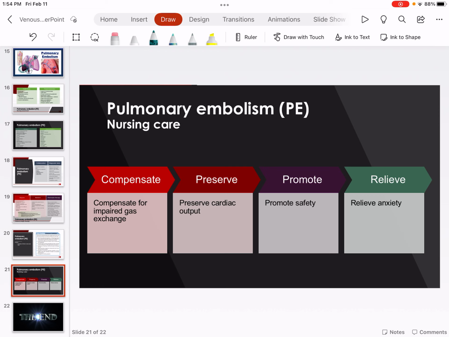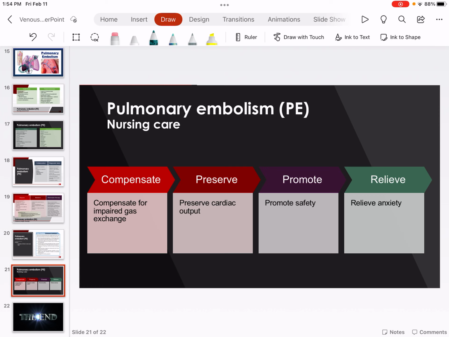So our nursing care, you want to compensate for impaired gas exchange. So assess their respiratory status, place them in a position to help facilitate breathing, so Fowler or high Fowler position, monitor their labs such as arterial blood gases, monitor their vital signs, maintain bed rest, preserve cardiac output.